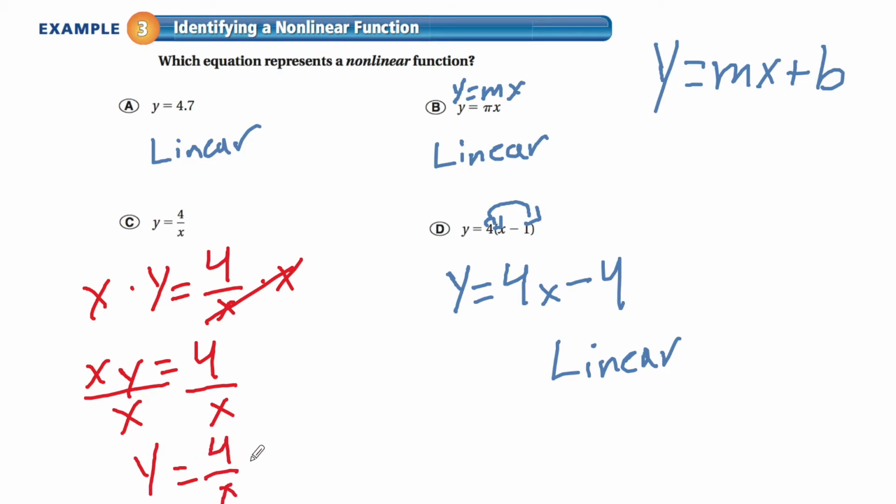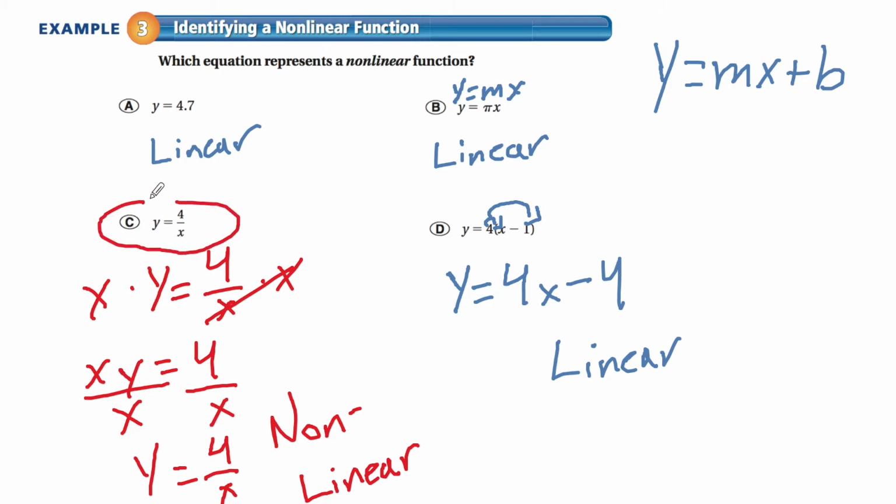That puts us right back where we started. So there's no way that we could write this equation in slope-intercept form. So it's going to be non-linear. So our original question, which equation represents a nonlinear function? That would be C.